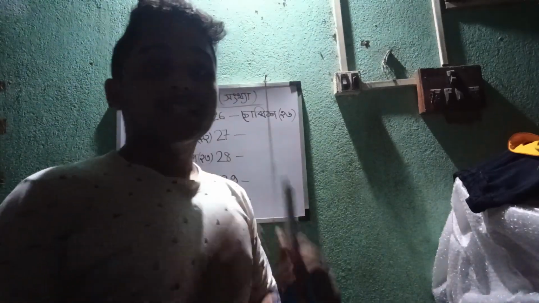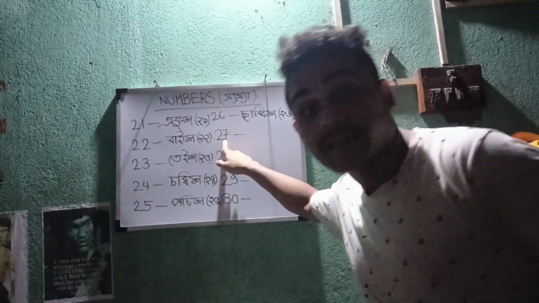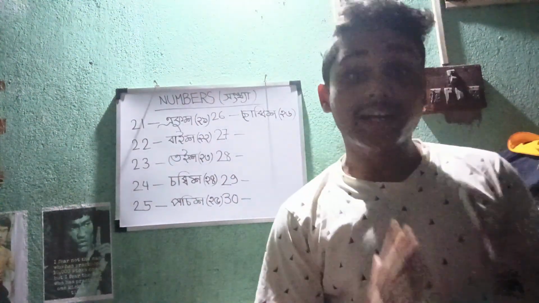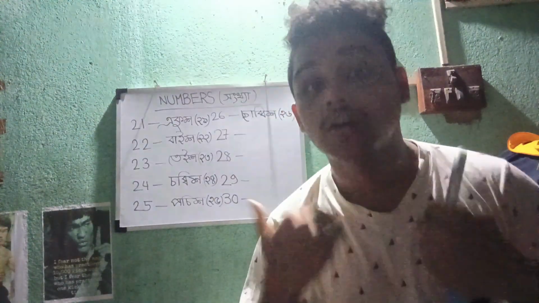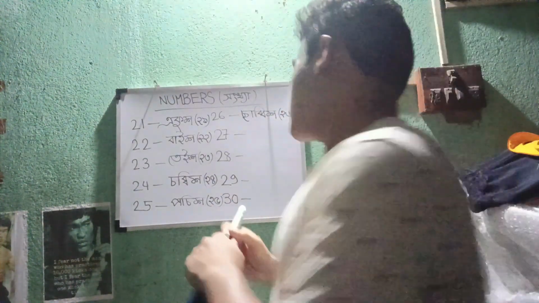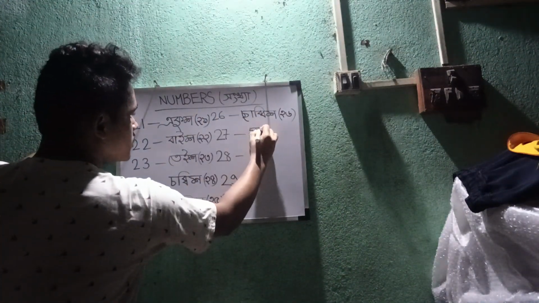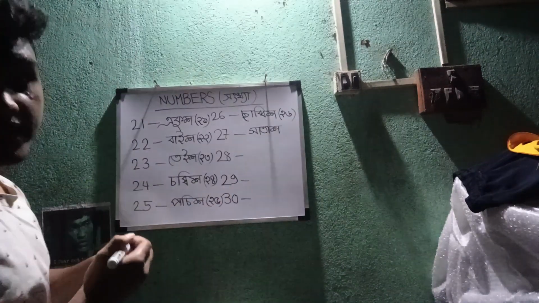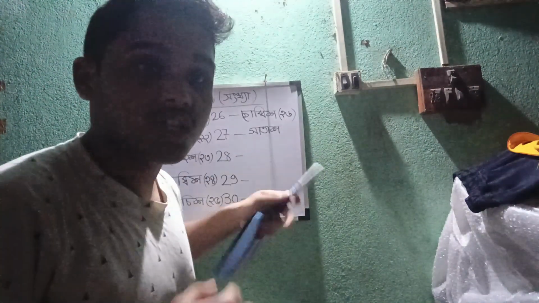So after 26, we have 27. How can we say 27? 27 means shatash. First is dontosho sha, then ta, and talbosho.